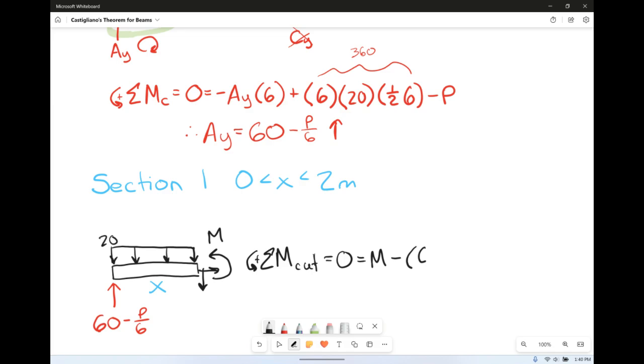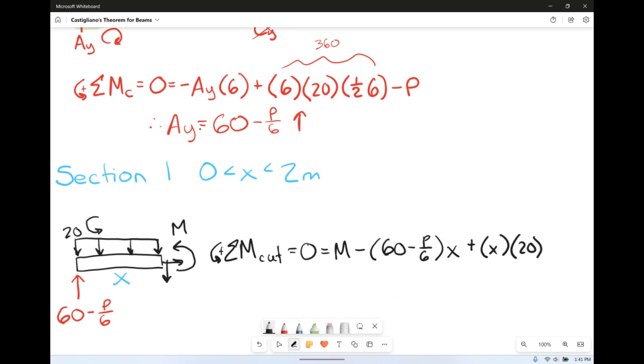That's negative 60 minus P over 6 times his distance of X. Then we've also got a positive, because our 20 kilonewton load is going to be going positively. Positive the base of X times the height of 20 times the distance of 1/2 X.